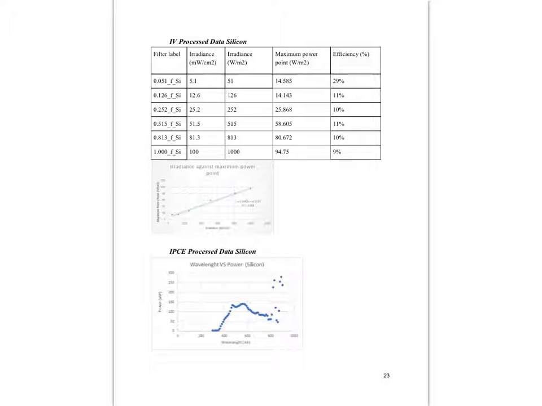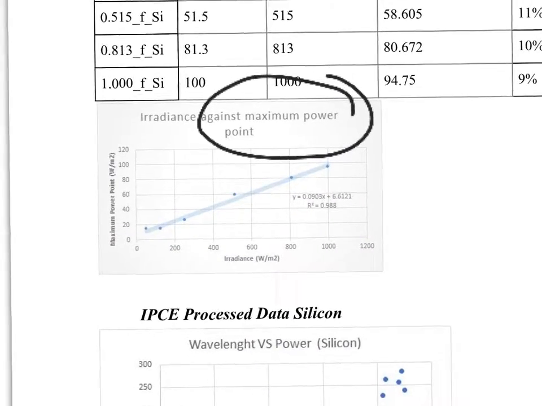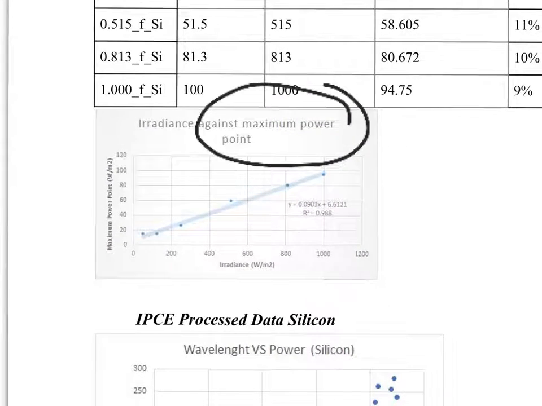This is a bit confusing now because your maximum power point, so if I look at this graph, irradiance versus maximum power, this is what you need to explain.